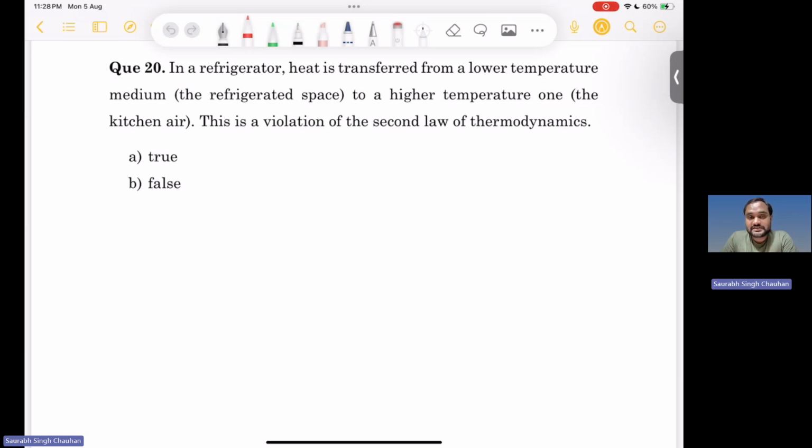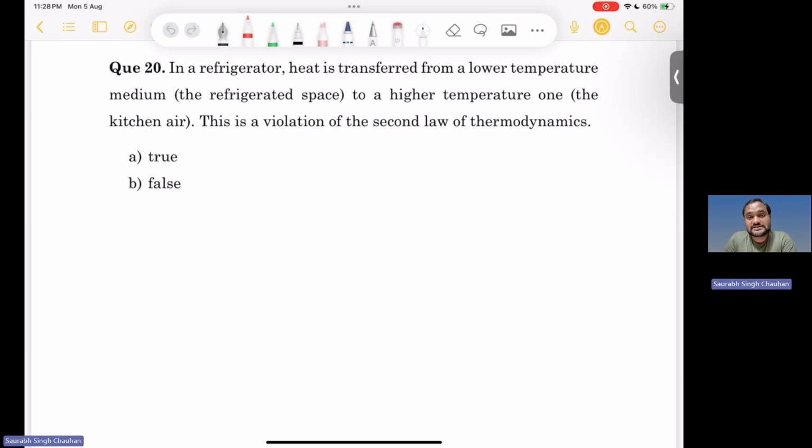The second law says you cannot transfer heat from a colder space to a hotter space without any external work. But in the refrigerator, there is external work. That external work is done by the compressor of the refrigerator.